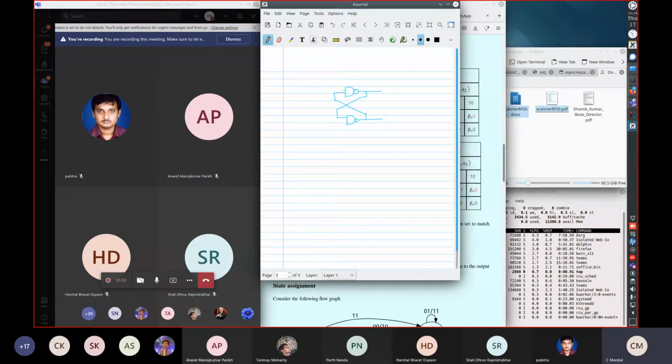Let us call this Q. Let's call this Q bar.